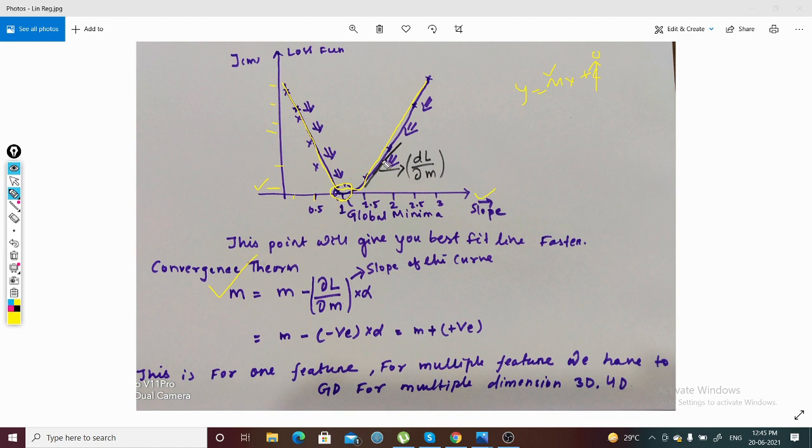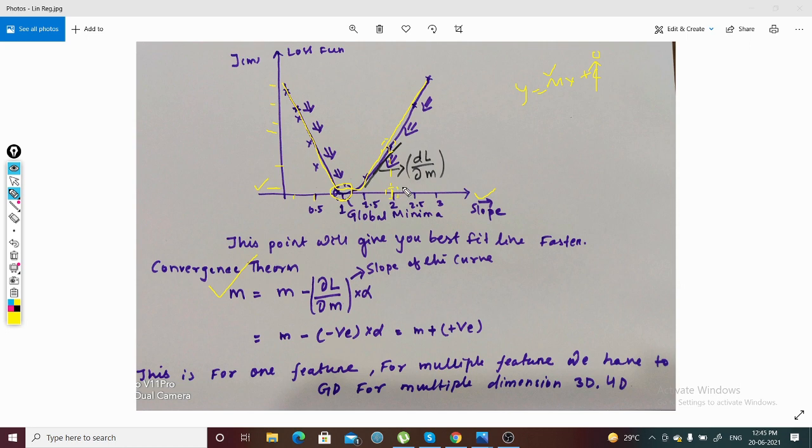Supposedly we have taken one straight line which gives me a slope of 2, and this is my loss. This is my coefficient.